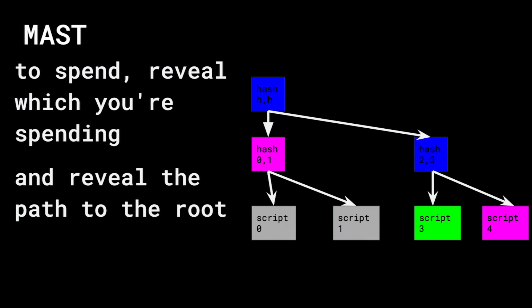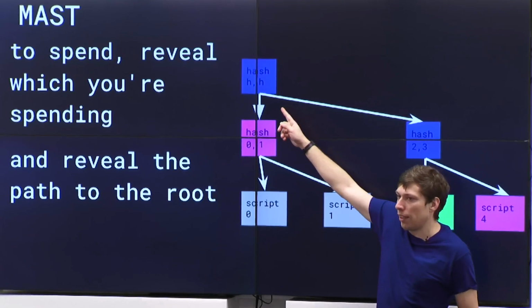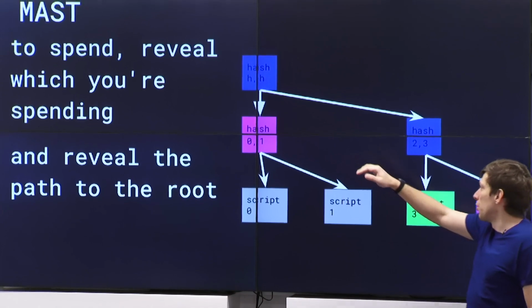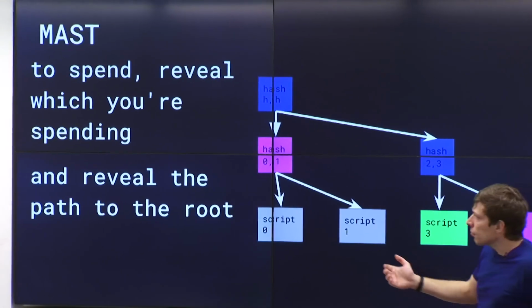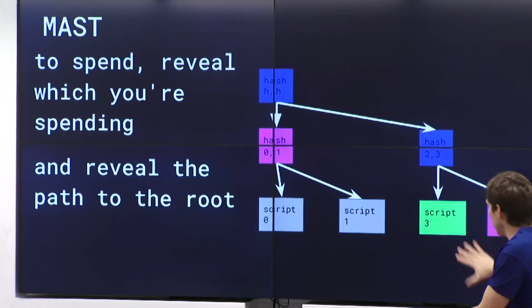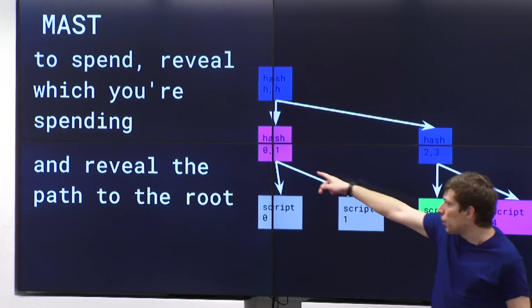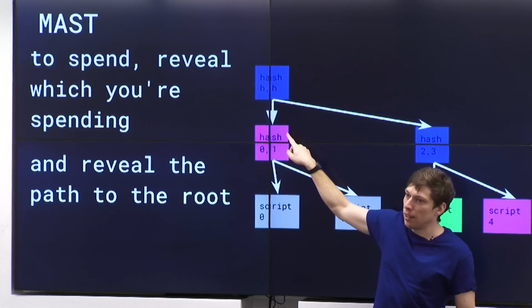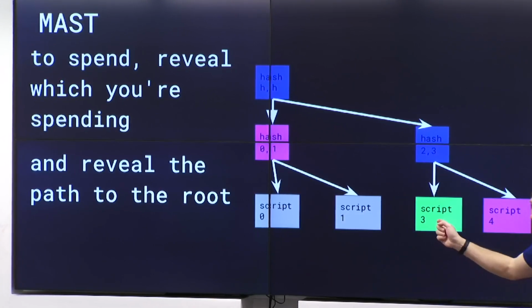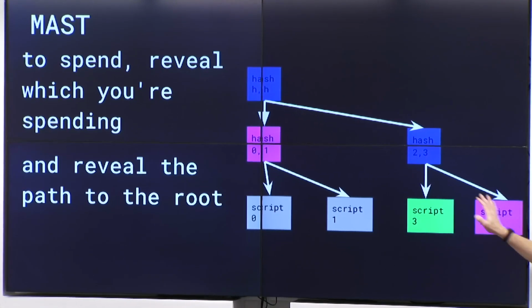What's kind of cool in this case is you do not need the binary tree to be perfect. You can have different heights because you're not committing to the height of the tree when you're sending to it. So the default case could be here, and then a really big tree that goes down a lot over here. In most cases it's going to be Alice and Bob signing, and Carol and Dave and Edna and whatever are unlikely.